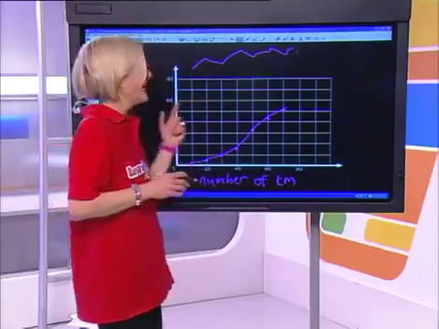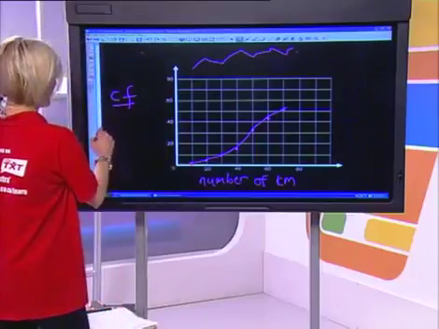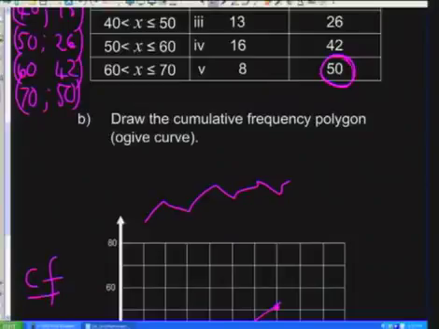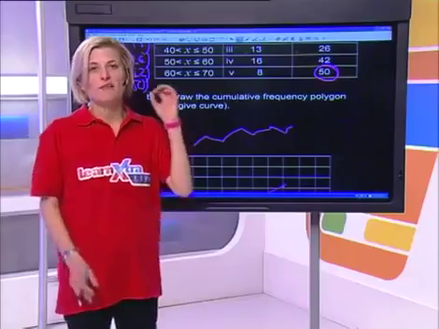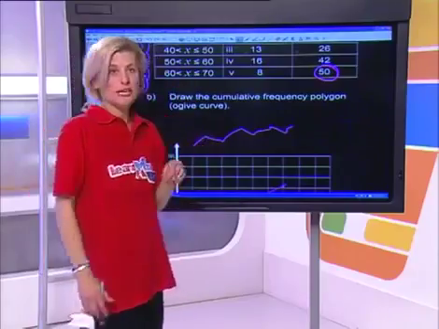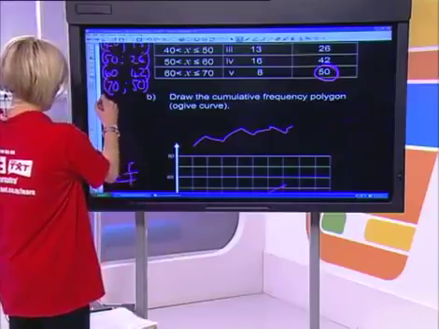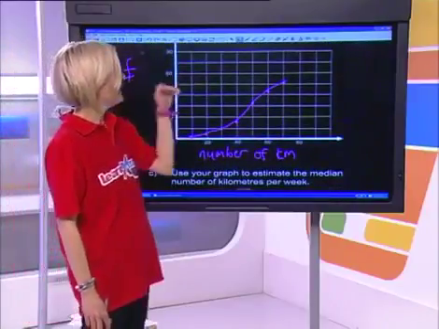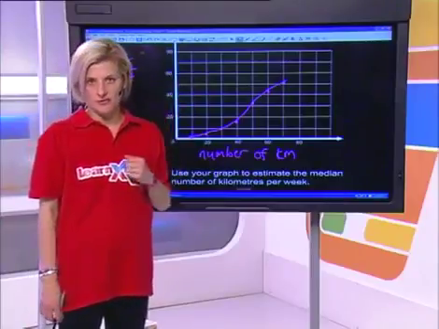Now, in this case, if we have a look at our table that we did before, a total of 50 people were asked about their driving habits. So I'm going to start off by looking for Q2. That's my median or my middle value. I simply say to myself, what is half of 50?